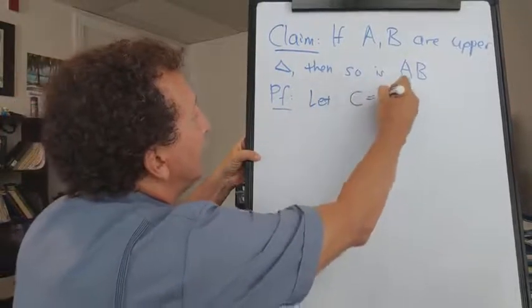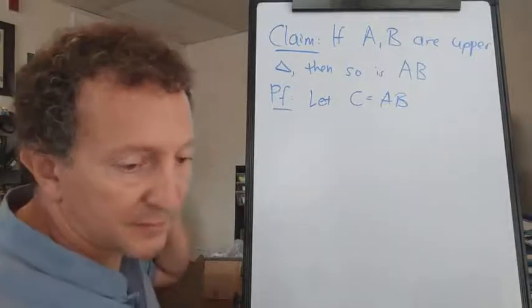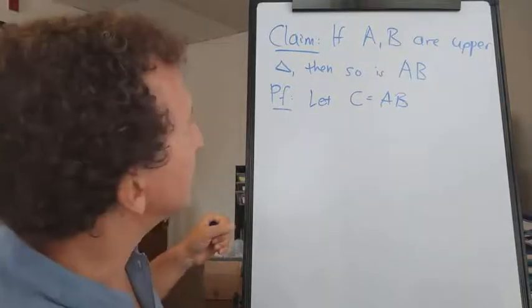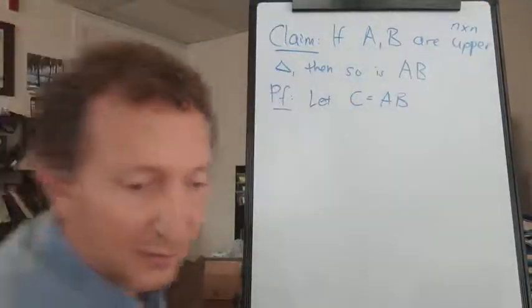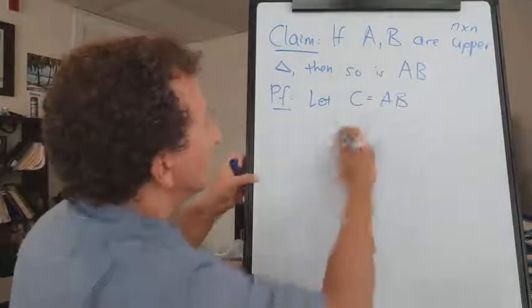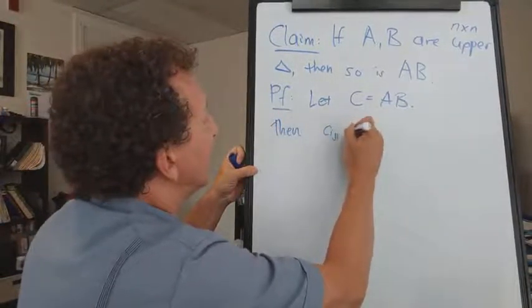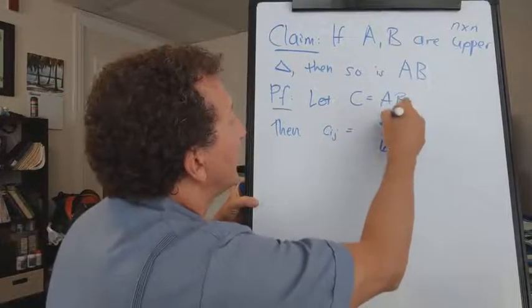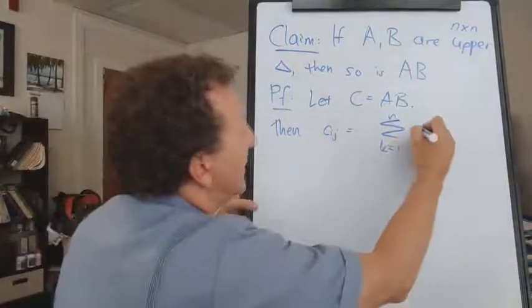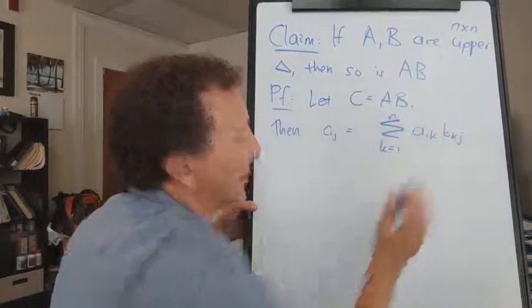So let's let C be the product AB. And let's say A and B are n by n, just so we have a name for the dimension. So that means that the ij entry of capital C is the sum as k goes from 1 to n, because the matrices are n by n, of a_ik b_kj.